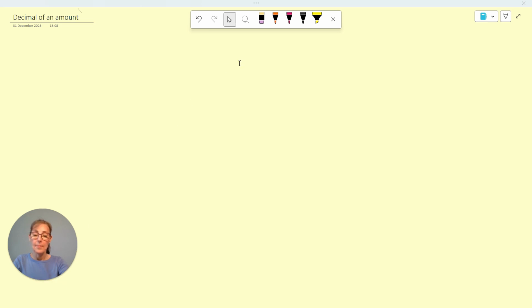Now we'll do a couple of different ways to start with, and then I will choose the way that I would like to go. So 0.5 of £20. We're going to do two different ways here.